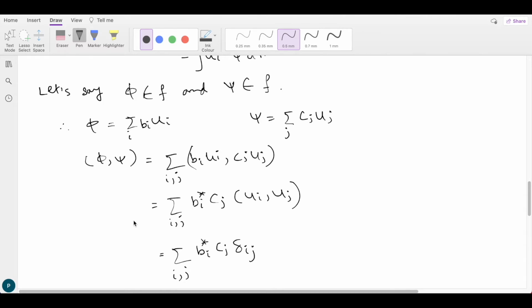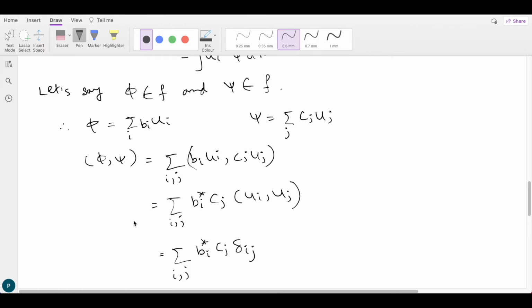We are taking the summations outside the scalar product and we are left with bi ui comma cj uj, and we know that bi and cj are constants, so they can also be taken out of the integration.